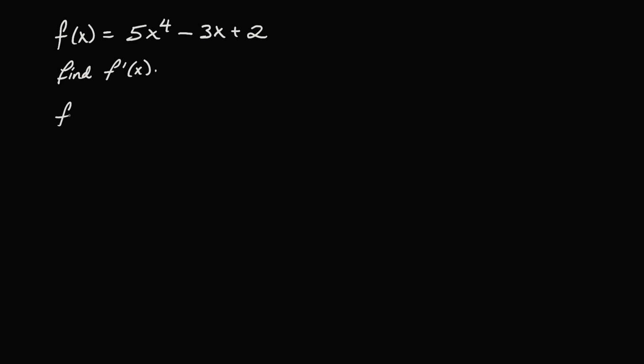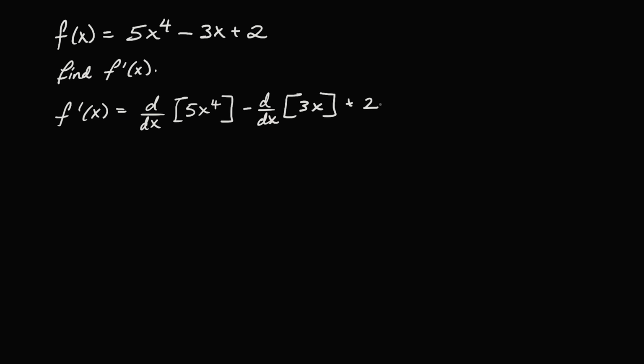So f prime of x is just going to be equal to d over dx of 5x to the 4th minus d over dx of 3x plus d over dx of 2.